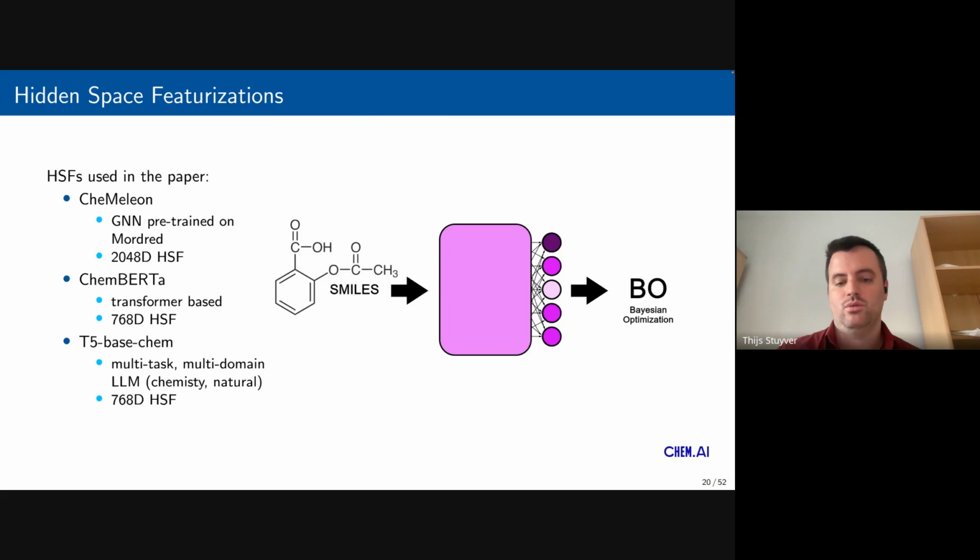First of all, Mordred descriptors take a little bit more time than passing through a graph neural network. But the real reason Chameleon was developed was to initialize ChemProp, the regular graph neural network developed by the Green Group and Connor Coley that operates on SMILES, with more sensible parameters than random initialization.